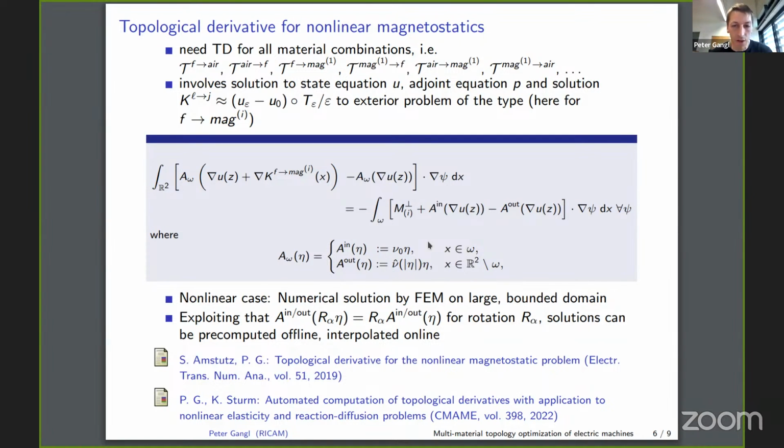We sample it, we do it offline, and then just interpolate this data online, so the optimization can be done efficiently again. This we already did together with Samuel Amstutz in 2019 in this paper for magnetostatics, and here we extended it to a more general class of problems.